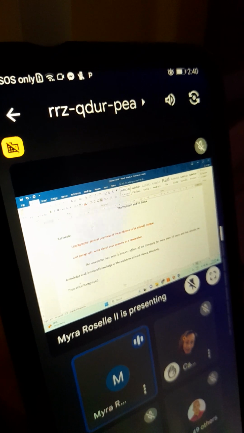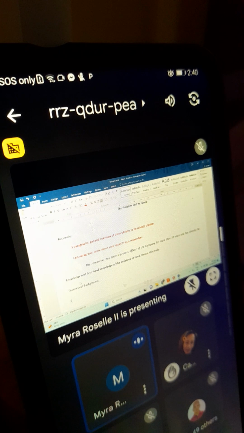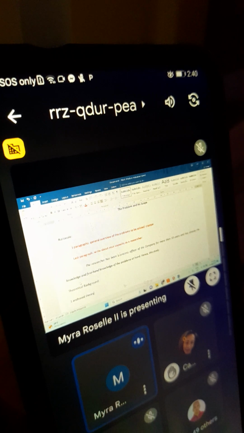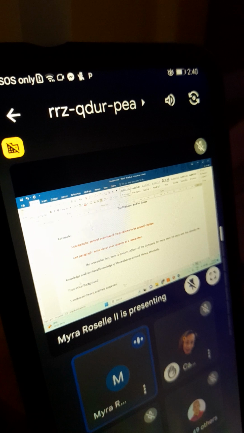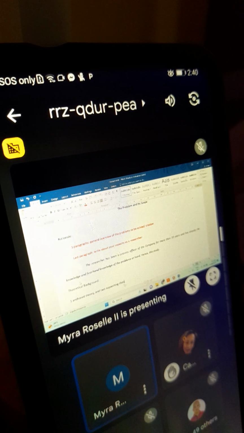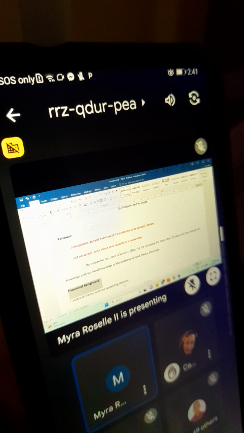A subset of it is 1, anchored theory, and 2, supporting theories. For those with project design, this is what I asked you about, your anchored theory.